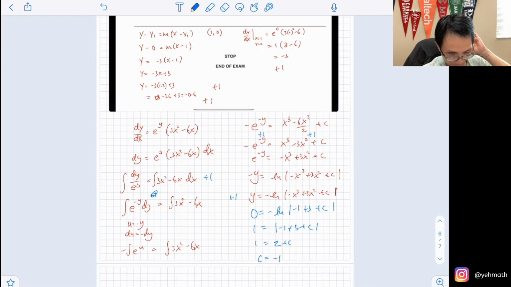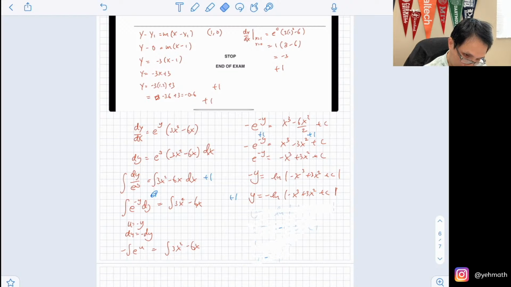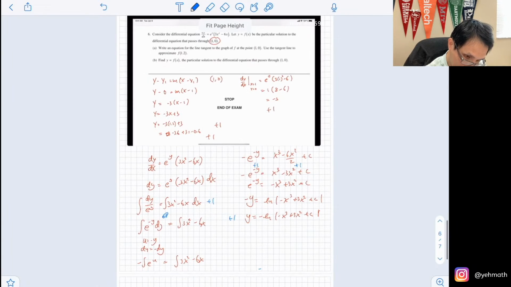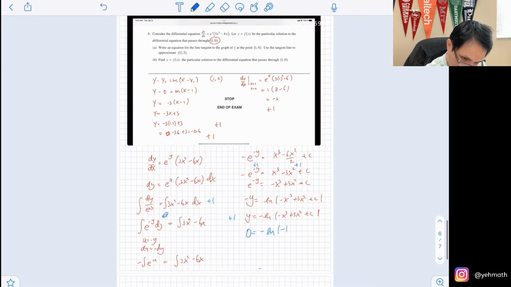Wait, why did you go from 0 equals negative ln to 1 equals... Okay, so let me redo that again, since maybe it's kind of confusing. I'm gonna plug in the initial condition, which is 0, equal to negative ln of 1, negative 1 plus 3, right?